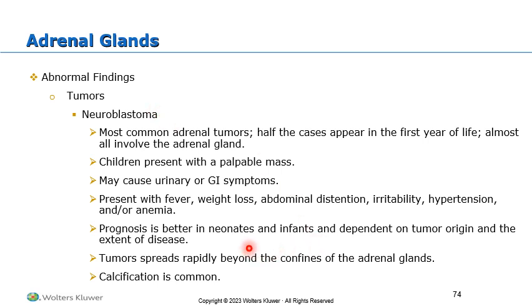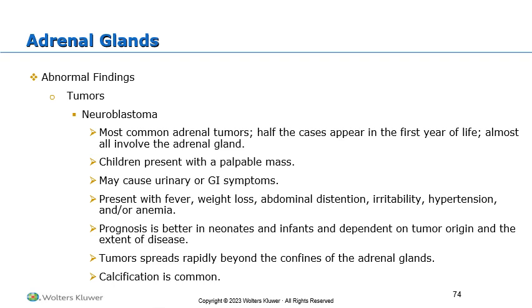Prognosis is better in neonates and infants, and dependent on the tumor origin and the extent of the disease. If they can get that tumor out without having this child have severe hypertension for a long period of time, and they're able to get that out before it does damage to the heart, it's going to be a lot better clinically for the patient. In addition, it gives it less time for the tumor to spread.